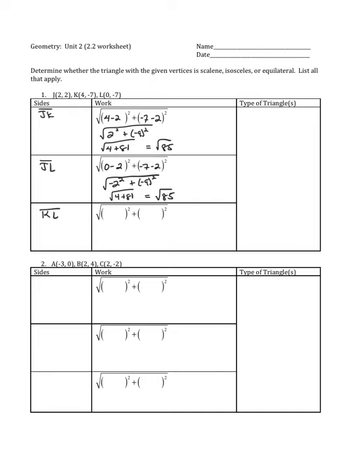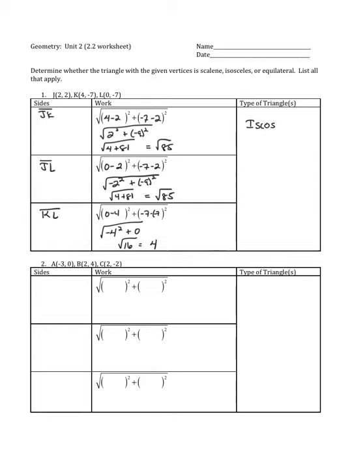So let's do KL. 0 minus 4 squared plus negative 7 minus negative 7. This gives me negative 4 squared plus 0, which is the square root of 16, equals 4. All right, I have two sides that are congruent, so this is an isosceles. Oops, didn't spell it right.